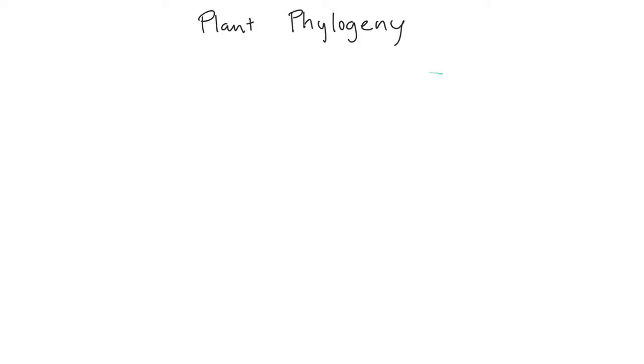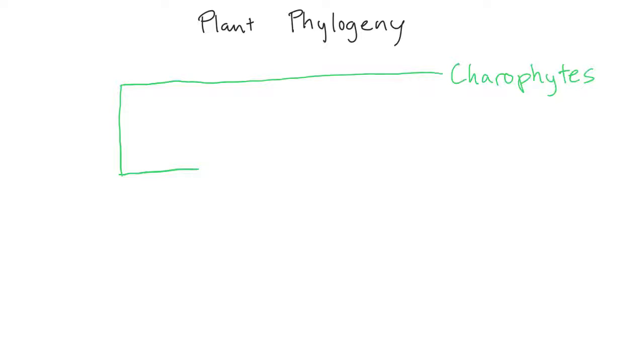Okay, and the common ancestor to all plants is thought to be an algae called, do you remember? The charophytes. Okay, this is our, well, an ancestor to charophytes is probably the same ancestor which led to plants.